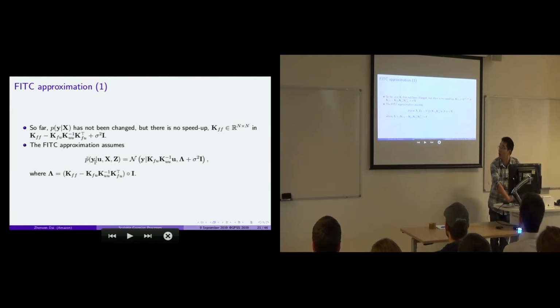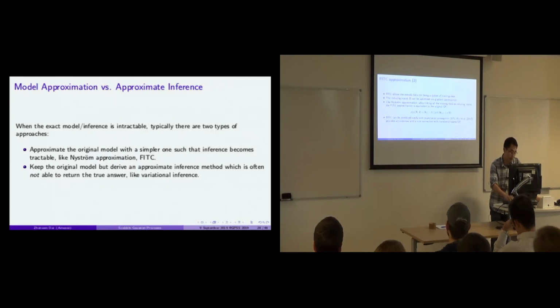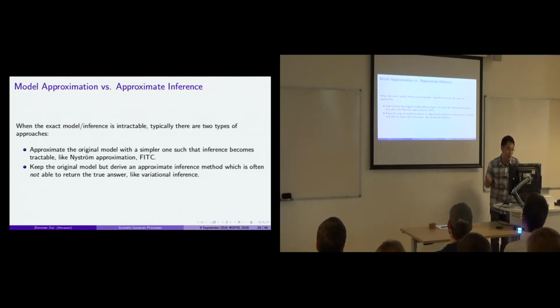This, of course, is not correct, and that causes many complicated effects. There are quite a few machine learning papers explaining this effect, and one example people often give is that optimizing the inducing points of FITC may lead to overfitting.